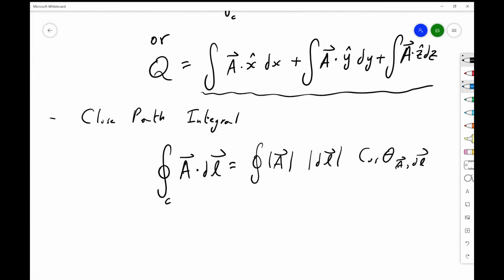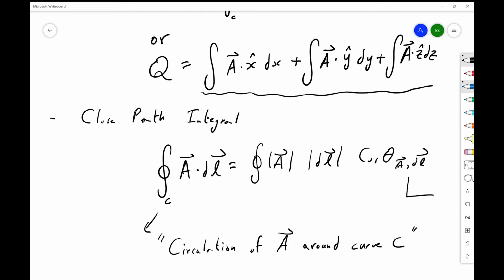Right? This has another name. The other name this has is circulation. So we call this also circulation of A around curve C. Right, so this would be some vector field A, and then I have my curve is a closed curve.